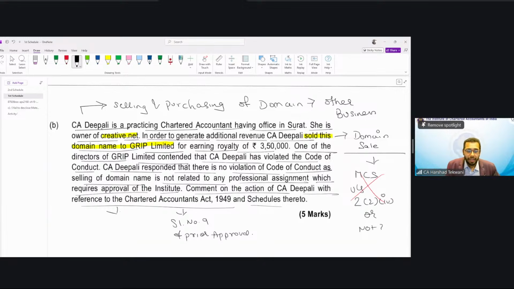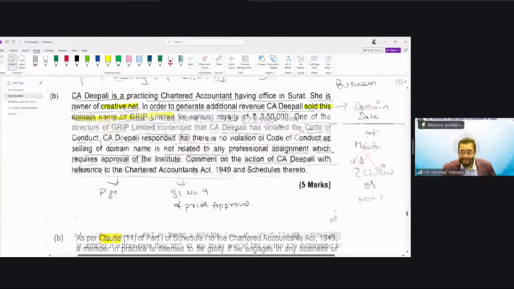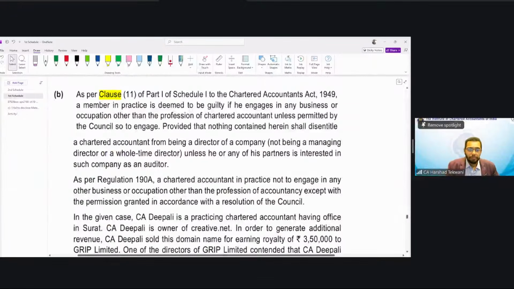She will be held guilty of professional misconduct under clause 11 and regulation 190A. You can say appendix 9C, appendix 9 of the CA regulations. Let's see the answer. Again, as per clause 11, part 1 of the first schedule to the CA Act, a member is deemed to be guilty if he engages in any business or occupation other than the profession of a CA, unless permitted by council.